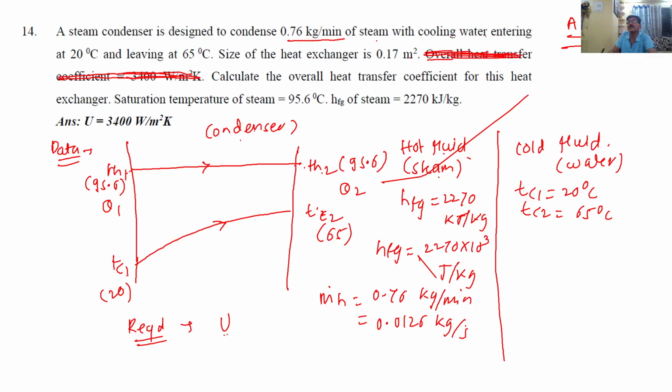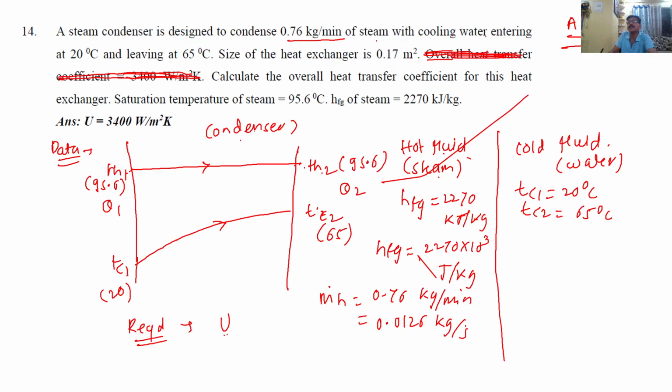So I know the CH value. What is CH? CH is 26,666.56. TH1 minus TH2. What is TH1? 150. TH2 was just now calculated, 106.44. What is CC? CC is from here, 69,755.42.